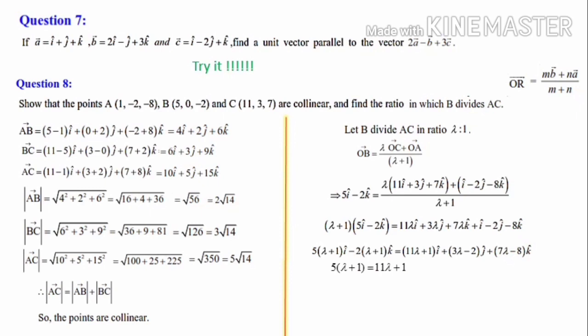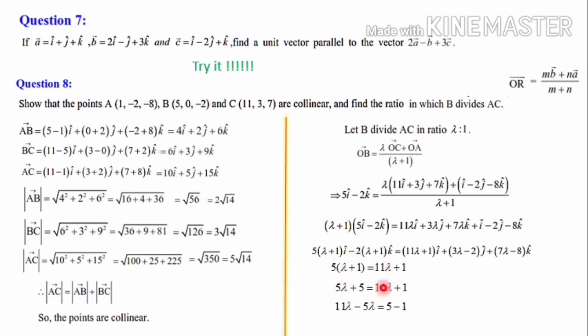Then, since the two vectors are equal, we can compare their scalar components. The i component is 5 into lambda plus 1 on one side and 11 lambda plus 1 on the other, so 5 into lambda plus 1 is equal to 11 lambda plus 1, that is 5 lambda plus 5 when you remove the bracket is equal to 11 lambda plus 1.